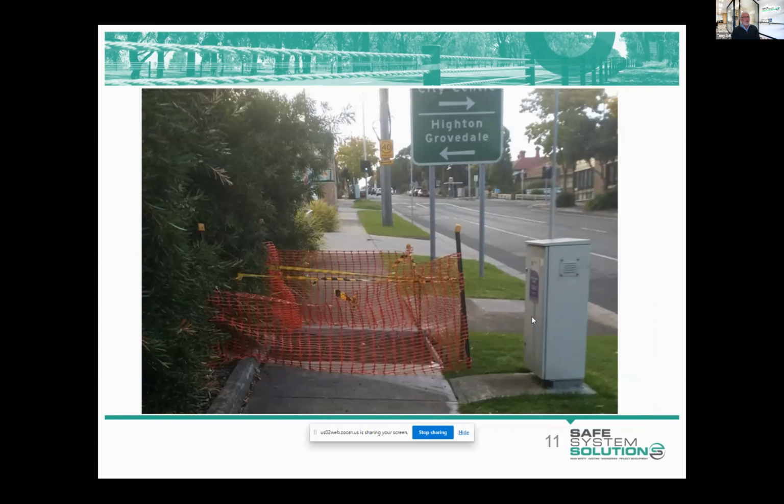Again, the managers of that could have backfilled that and put down a hard area overnight. It could have allowed people with mobility issues easy access across there during the day or while the work's going on.